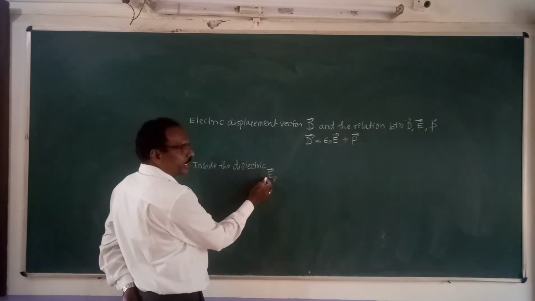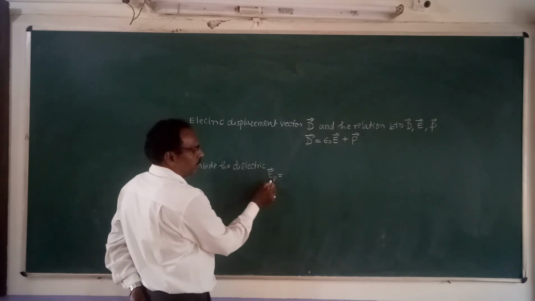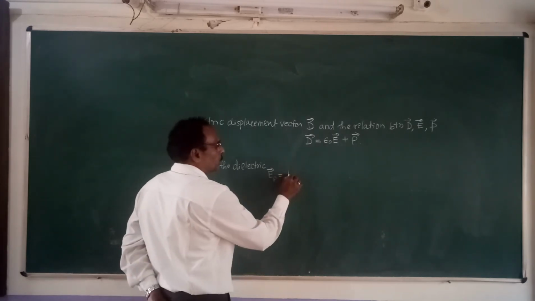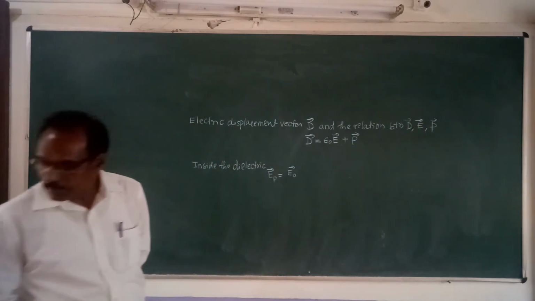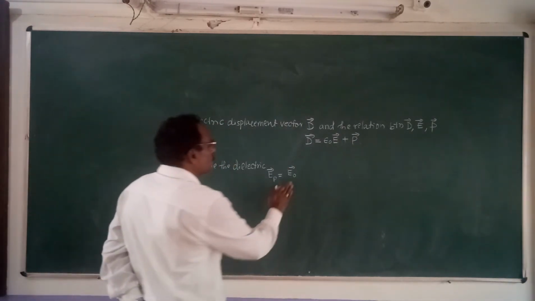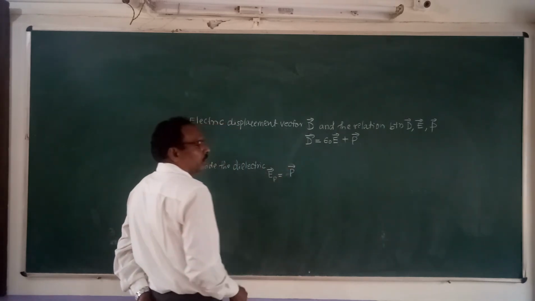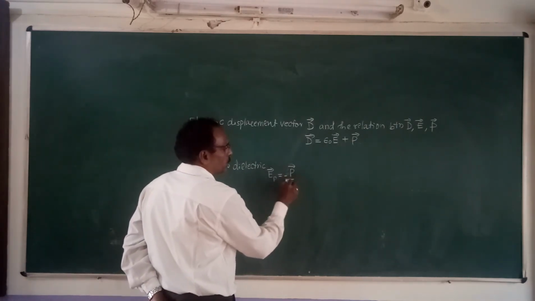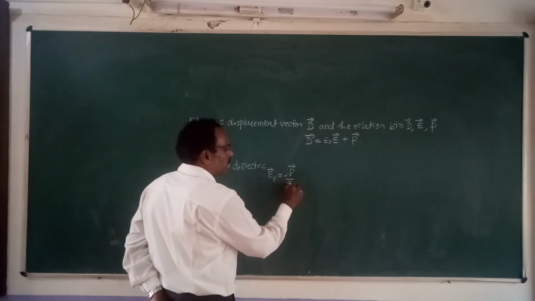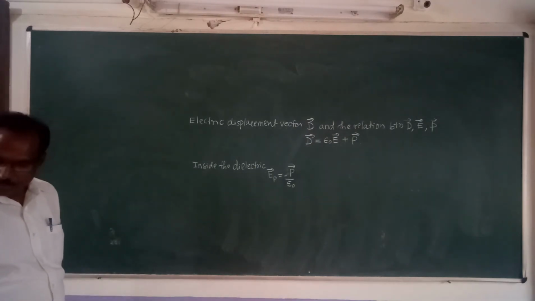When a polarization takes place, the field inside the slab is written as E naught, the applied electric field, divided by epsilon naught, or instead you can write it in terms of the polarization density vector, with a negative sign. It shows that it decreases with this permittivity of free space.